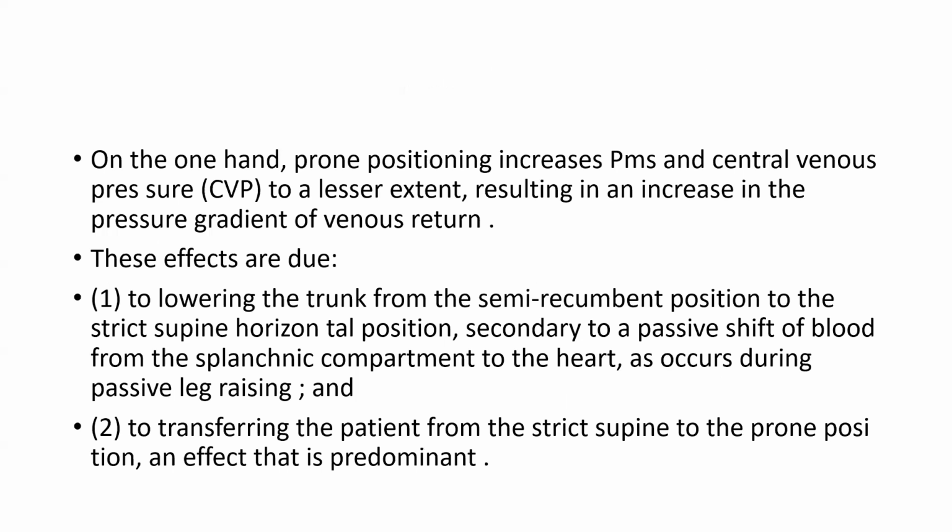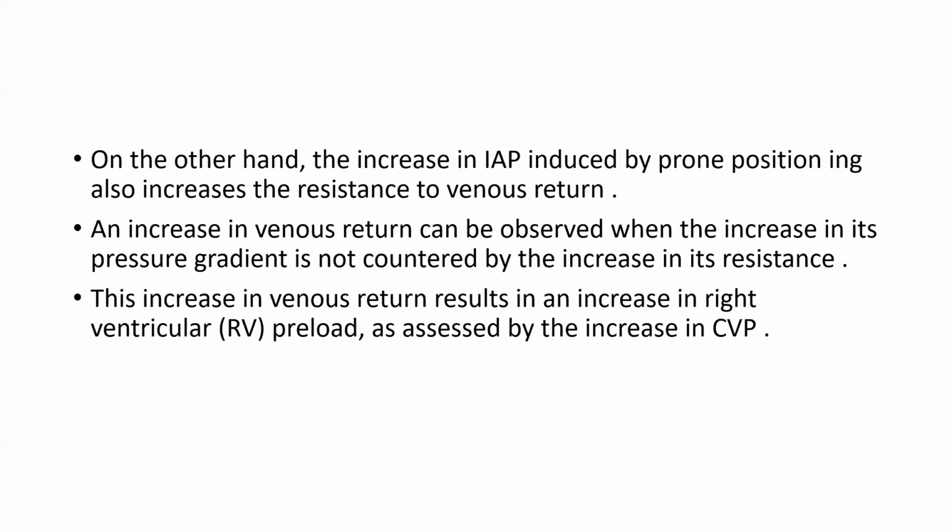This effect is due to lowering the trunk from the semi-recumbent position to the strict supine horizontal position, and secondary to the passive shift of blood from the splanchnic compartment to the heart, as occurs during passive leg raising. When transferring the patient from strict supine to prone, this effect is predominant.